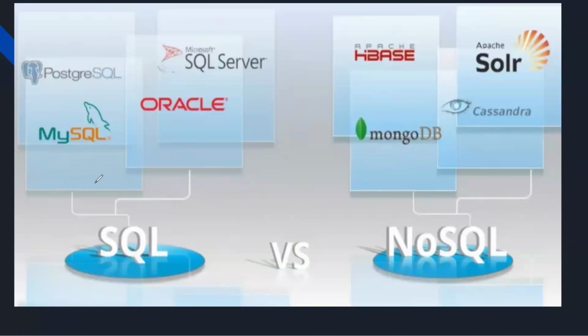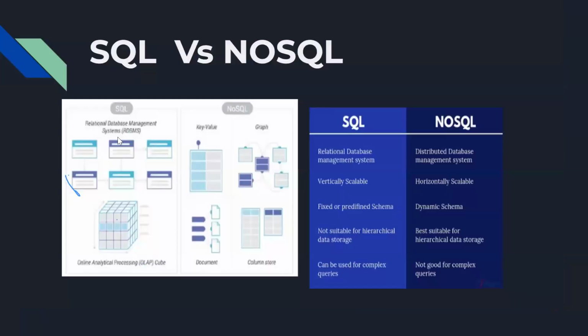If you have structure only, it is RDBMS, which we also called, in the before slide, relational database management systems. For this relational database management system, we will use SQL because it will be in a structured format, in the form of rows and columns.